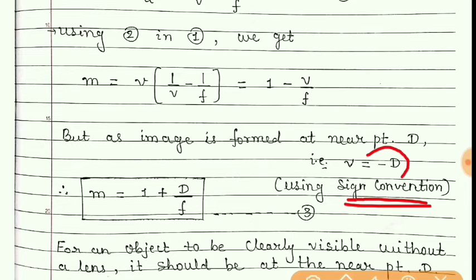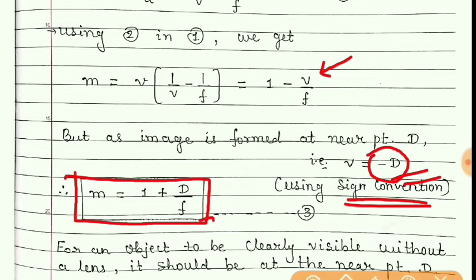So we have kept minus d, because the image is on the same side as the object, and we always take object distance negative. So if the image is also formed towards the side of the object, then it is also negative. So now putting v is equal to minus d, we will get magnification m is equal to 1 plus d by f. Give this equation number 3.